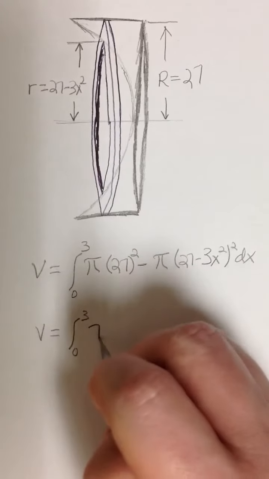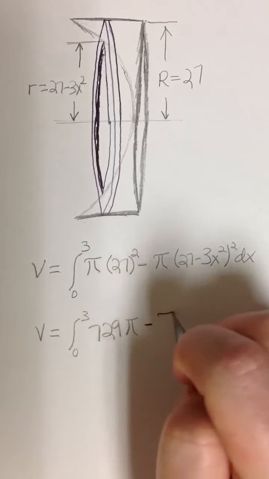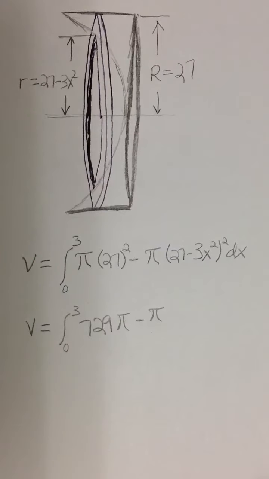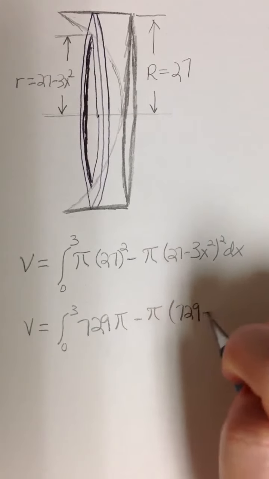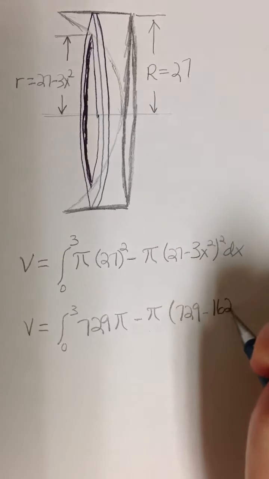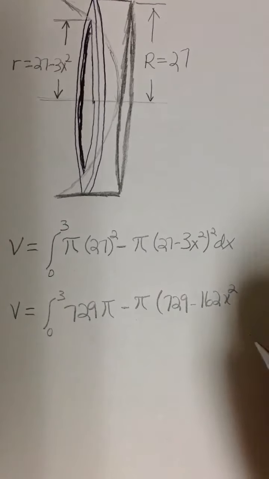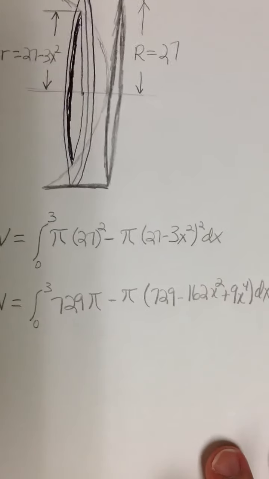we have 729 pi, minus pi times the square of 27 minus 3x squared. So we're going to have 729 minus 162x squared, and we will have at the end plus 9x to the fourth, and once again we have dx.